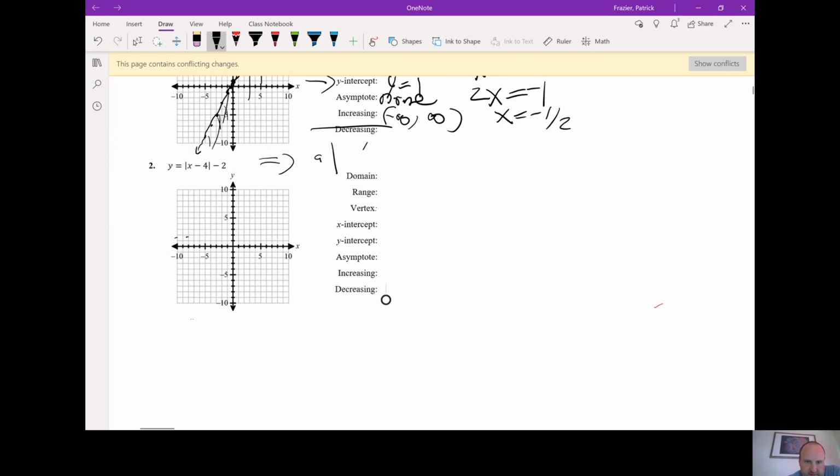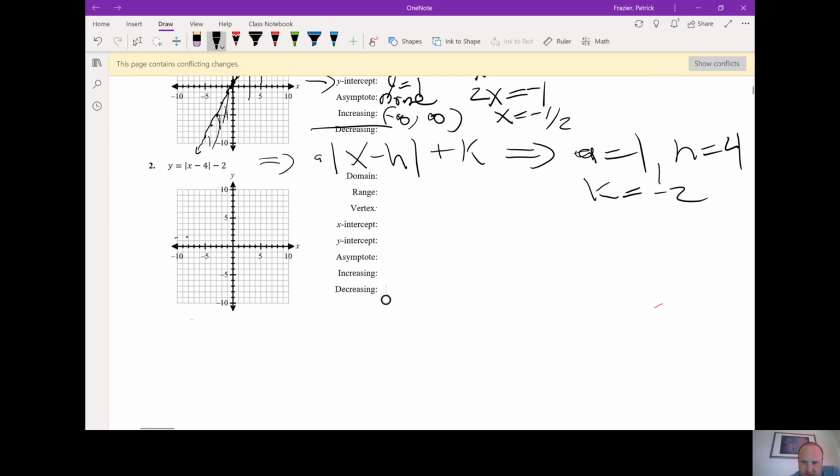A times the absolute value of x minus h, plus k, where a equals 1, and, oh, I put in 4 there, but I meant to say x minus h. h equals 4, and then k equals negative 2.